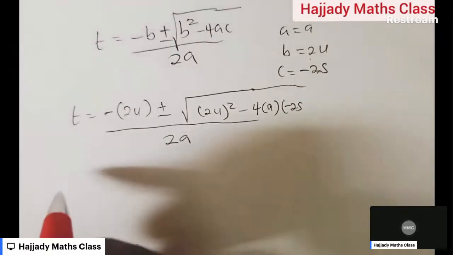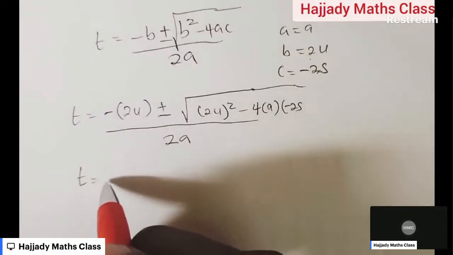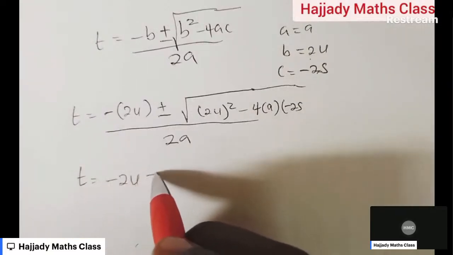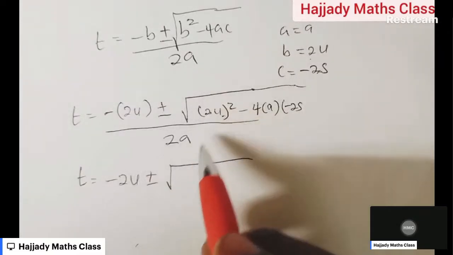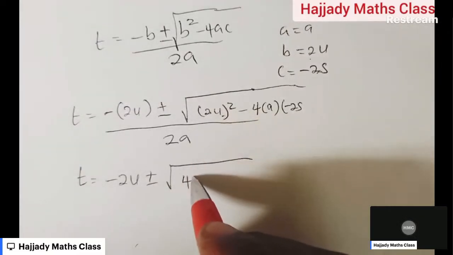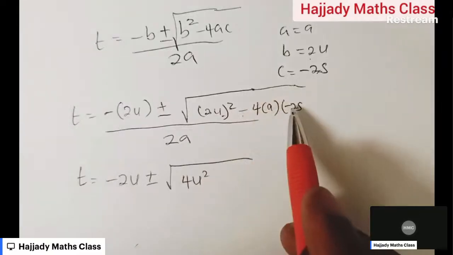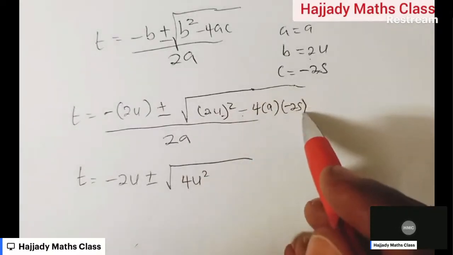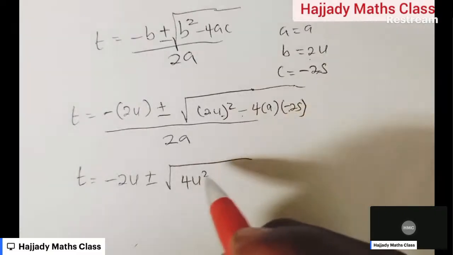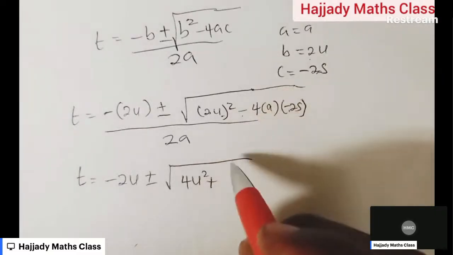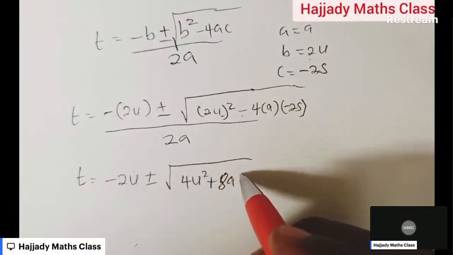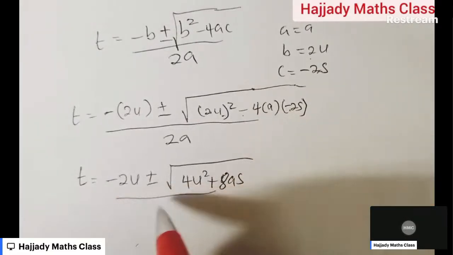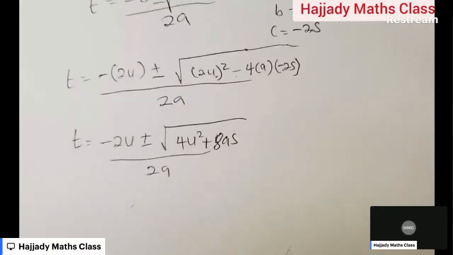Solving this further, we have that t equals minus 2u plus or minus the square root of 2u all squared, which gives 4u squared. Negative times negative gives positive, 4 times 2 gives 8as, everything over 2a.